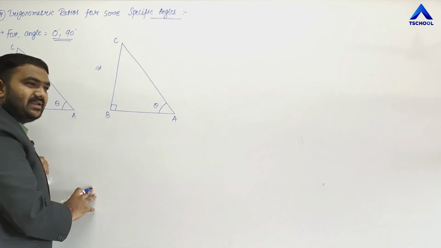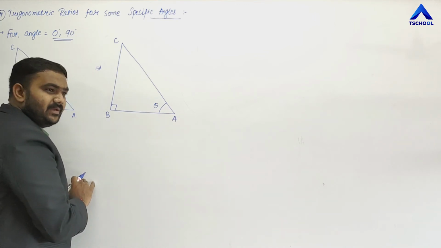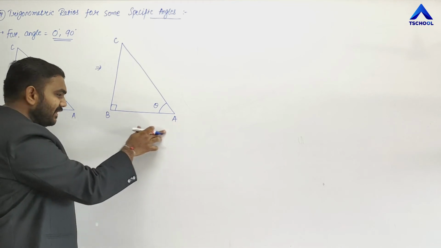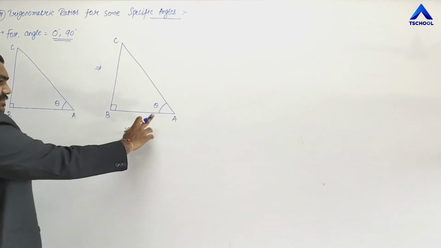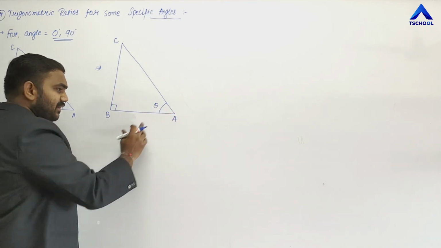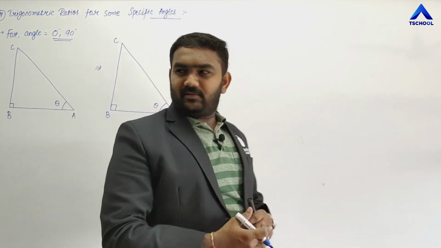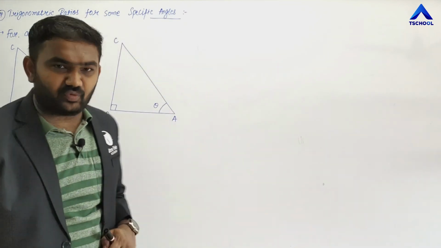So how to make this angle 90? As and when we move this vertex A to vertex B, that becomes angle 90, because here there is some acute angle, between 0 and 90. If I want to make it a perfect 90, then I need to move it to the right angle. So moving it to the right angle, this A will be moved here. How will it move here?